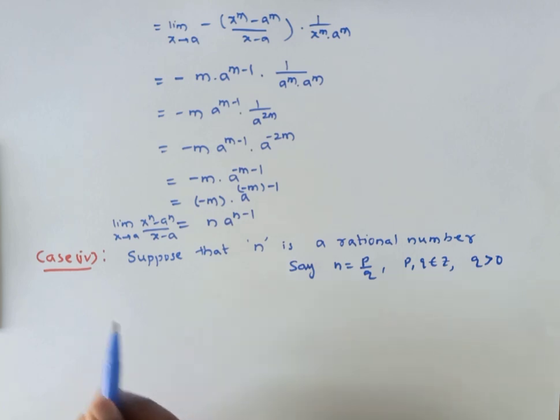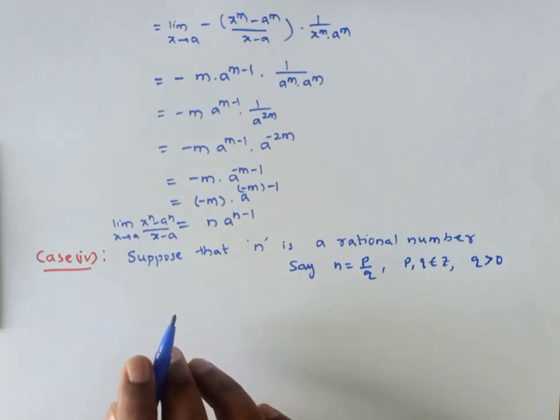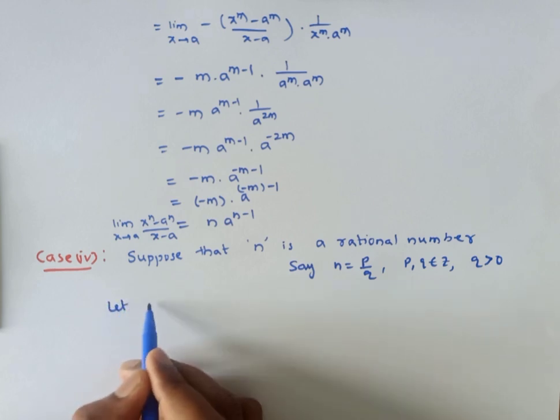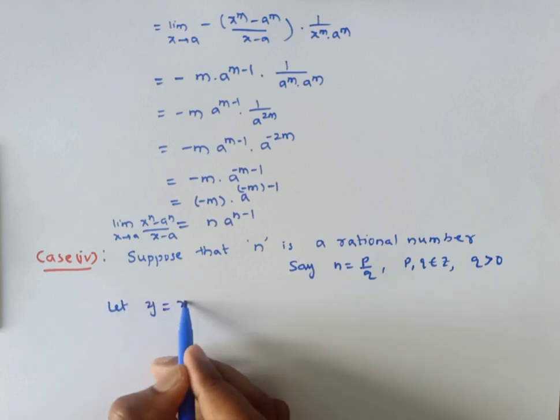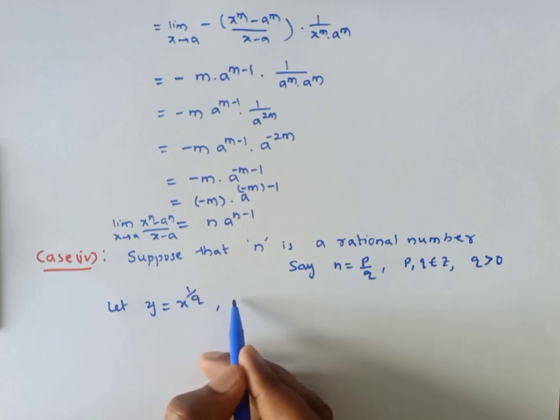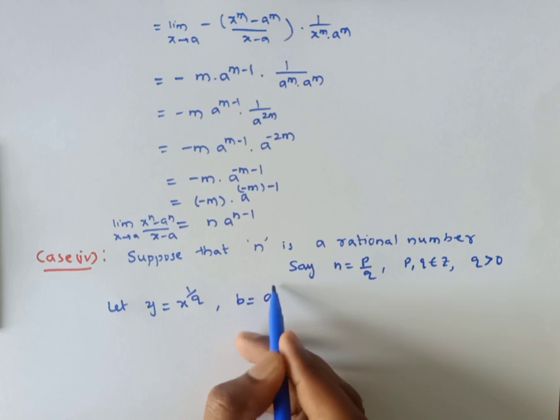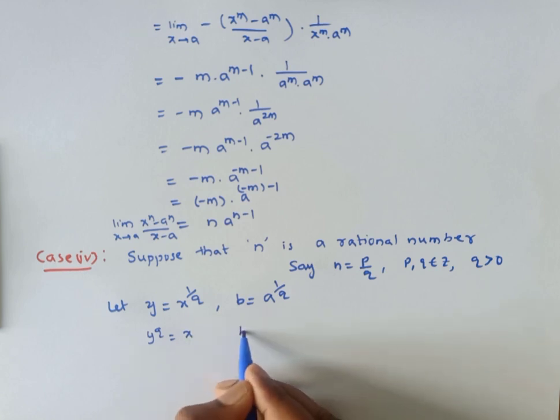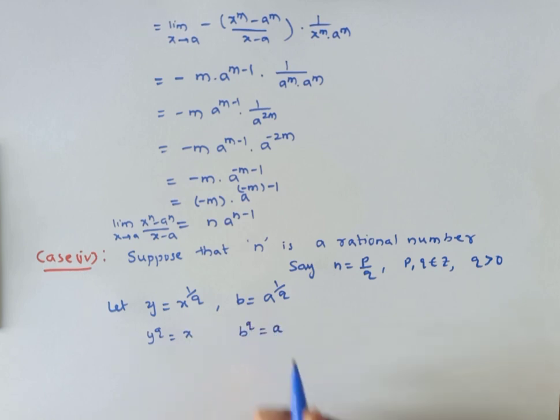To prove here (x power n minus a power n) by (x minus a), where n is a positive rational number, using the previous 3 cases, let us consider y equals x to the power of 1 by q, and b equals a to the power of 1 by q. Now if we raise the powers on both sides with q, then y to the power of q is equal to x to the power of 1 by q whole power q, which means it is x, and similarly b power q equals a.